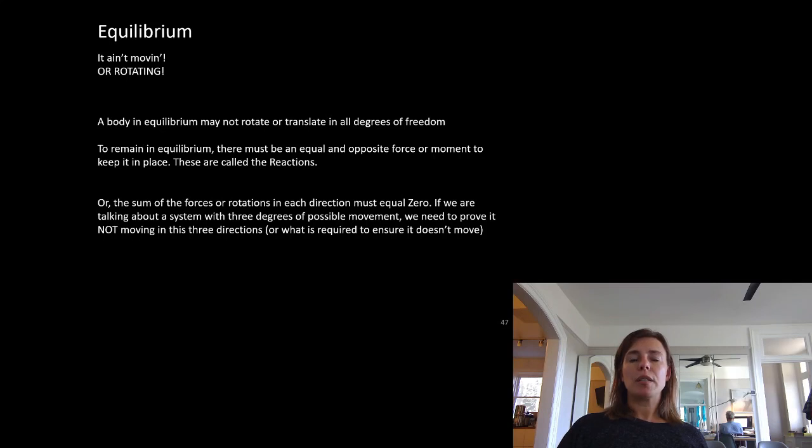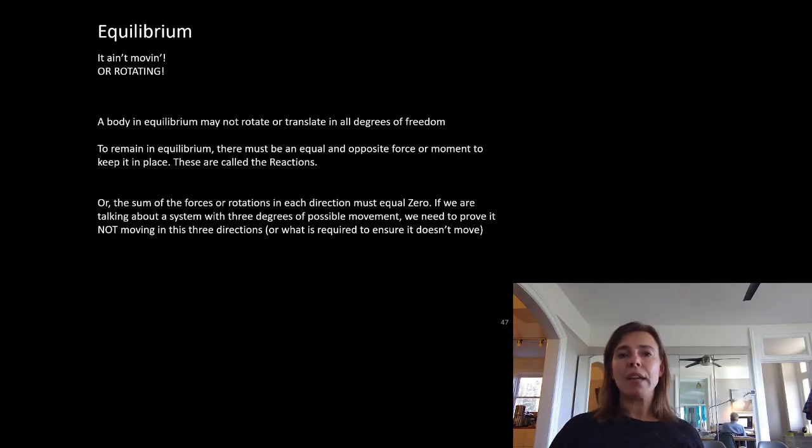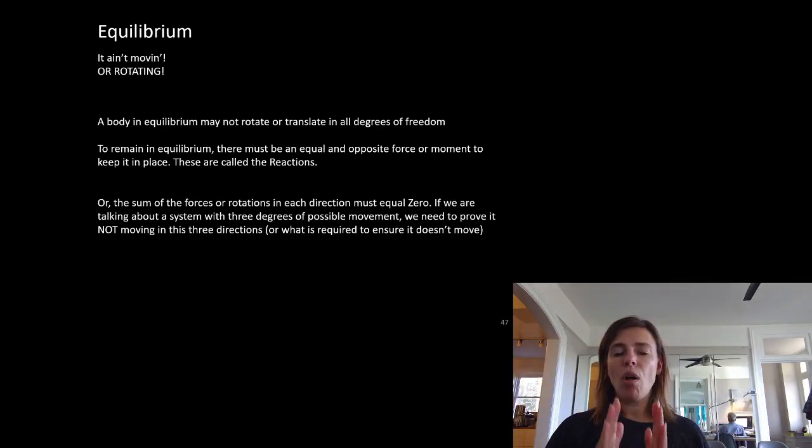These are the reactions. A really good way to think about it is that the sum of all of the forces and the reactions must equal 0. So all of the forces trying to push it down and all of the reactions trying to push it up, those added up must equal 0.